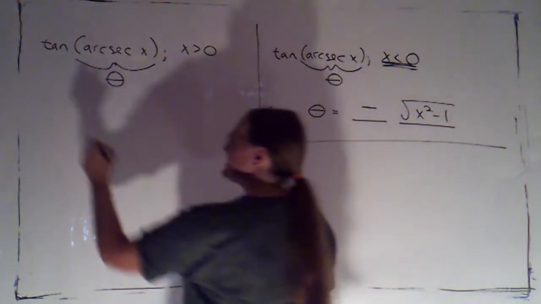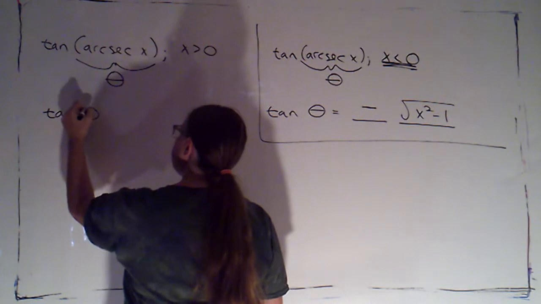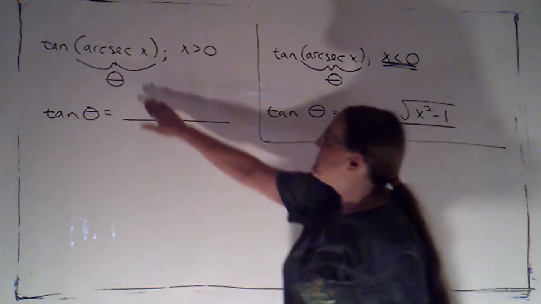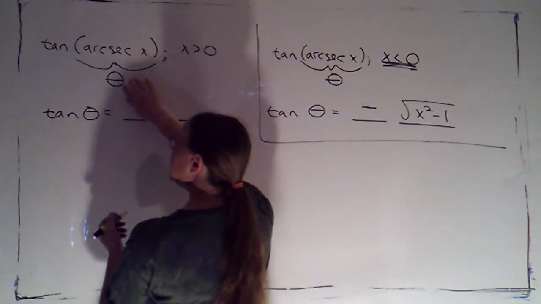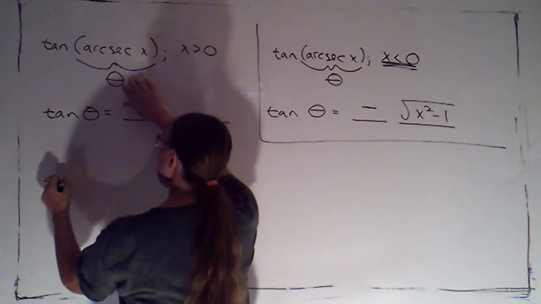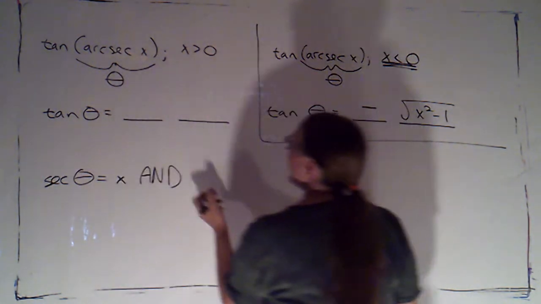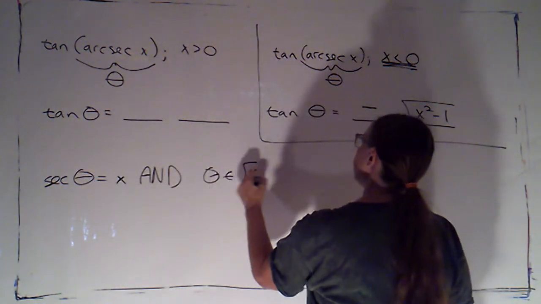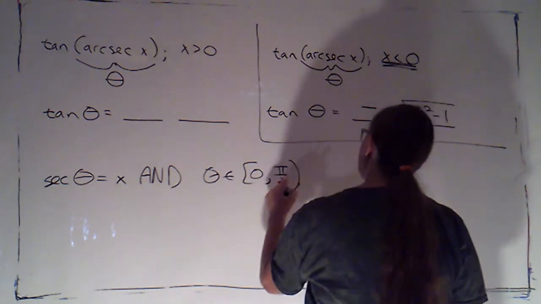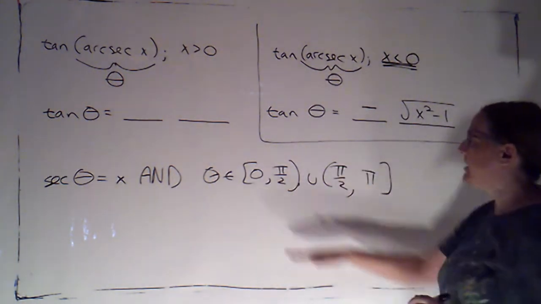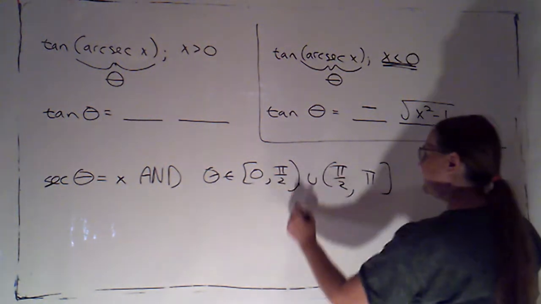I'm going to say that that's theta, so we're evaluating tangent of theta, which is going to be our usual two-step process. But what do we know about theta? Since theta is arcsecant of x, I know that secant of theta is x, and I know that theta is in the interval from 0 to pi over 2, union pi over 2 to pi, corresponding to quadrants 1 and 2.